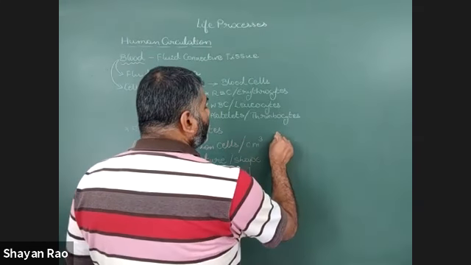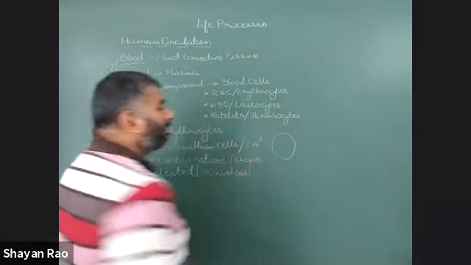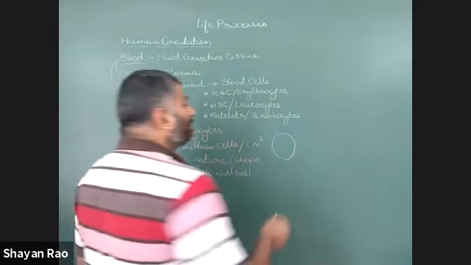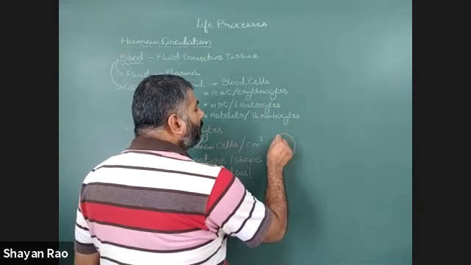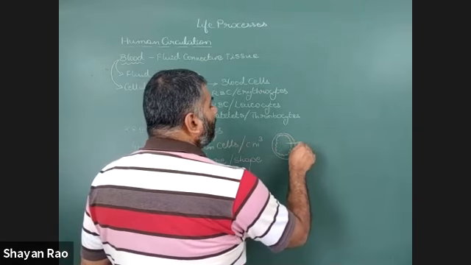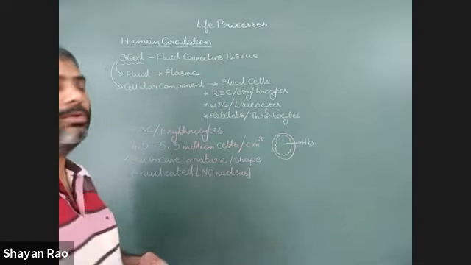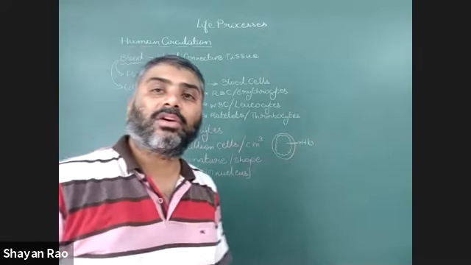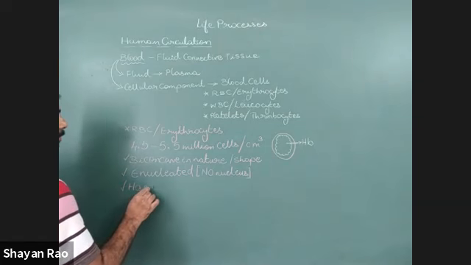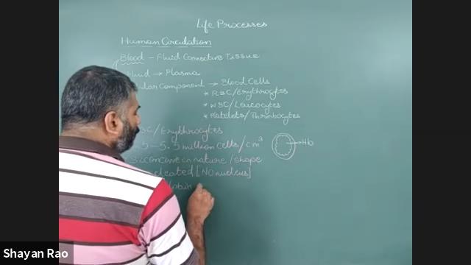Assume this is the RBC cell; in this RBC, there is no nucleus. Then what happens to the nucleus part? The part which was occupied by the nucleus will be occupied by something called hemoglobin. Hemoglobin is a combination of two things.